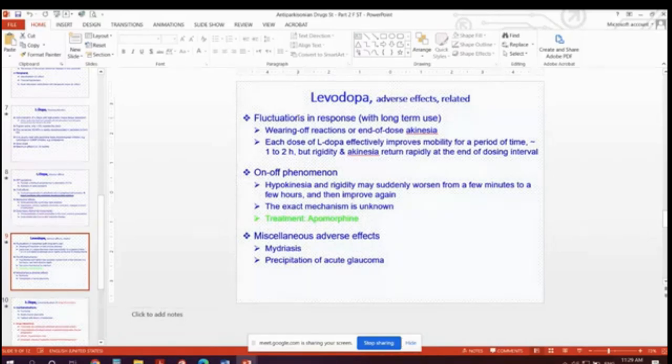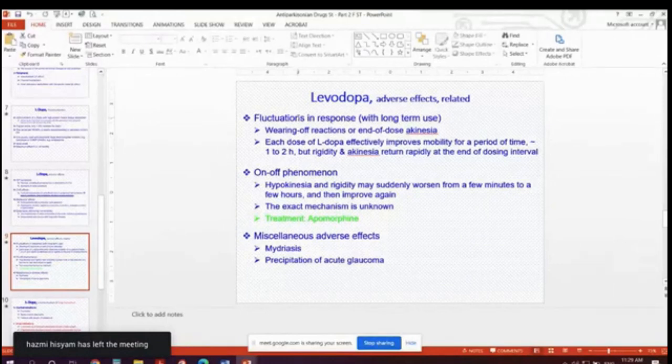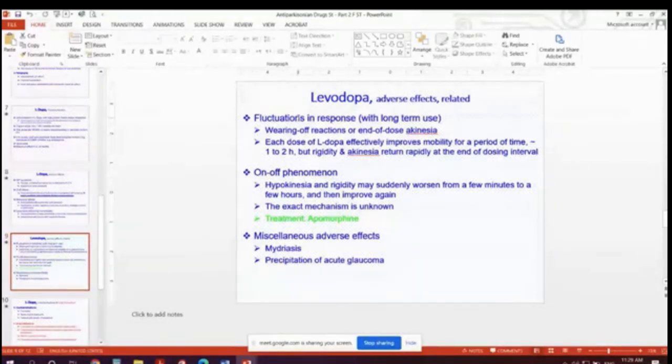The symptoms come back. Why do they come back? Is it because of the short half-life of levodopa? But this happens after long-term use. Is this desensitization? It could be like that. It could be the degradation of the dopamine by MAO-B and by catechol-O-methyl transferase.